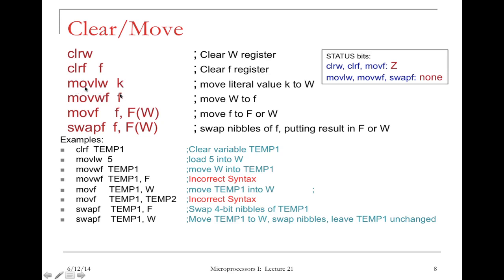This is the destination. So we're going to copy the value from the working register to this one. So you can use variable 2. In that case, you're going to copy the value of W to variable 2.